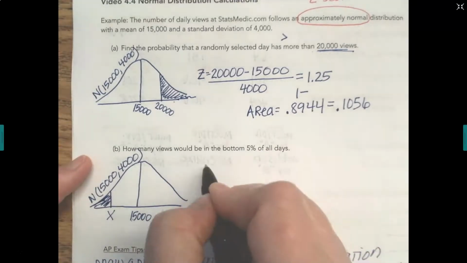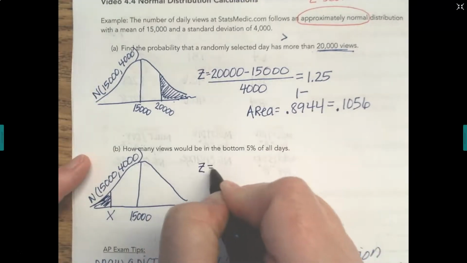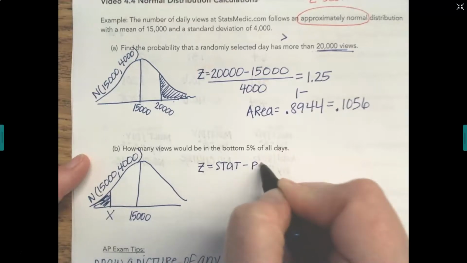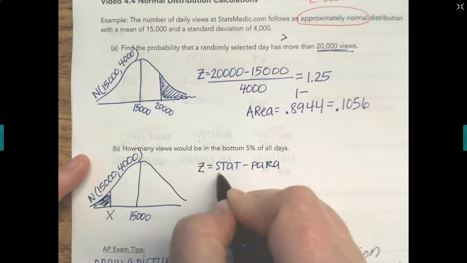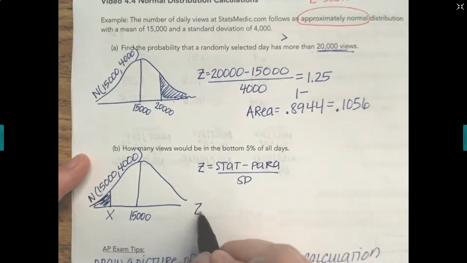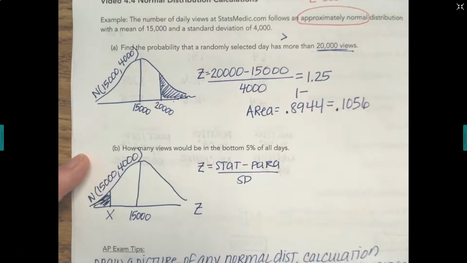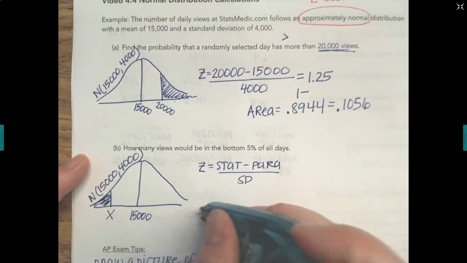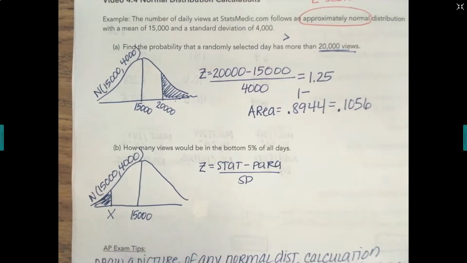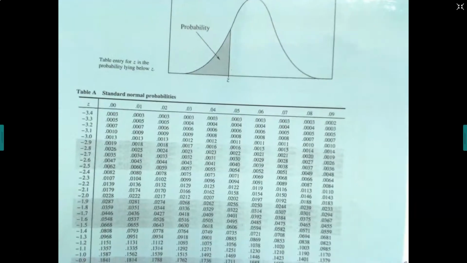So we have our formula. That's our z-score equals your statistic minus your parameter divided by your standard deviation. So in this case, we could actually find out the z because we know we want the lower 5%. So we're going to go on to our table of values and find as close to 0.0500 as possible.